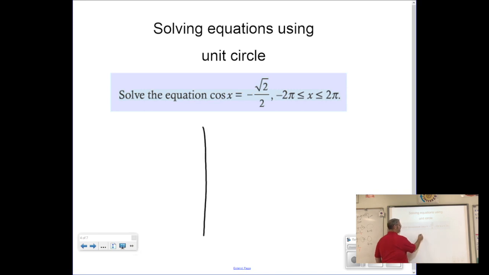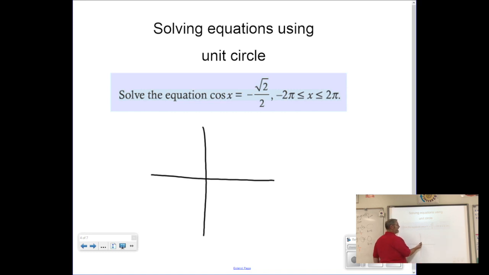The first thing you want to do is refer back to the chart that we had on the ratios and find out what angle gives me a cosine of negative square root of 2 over 2. Well, if you remember, that would be 45 degrees, or pi over 4.